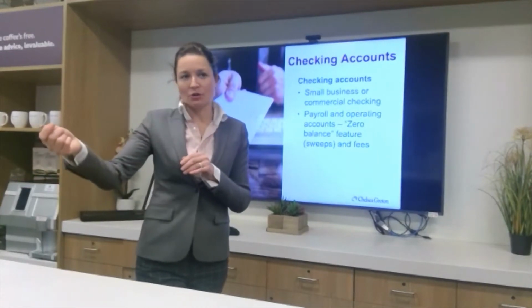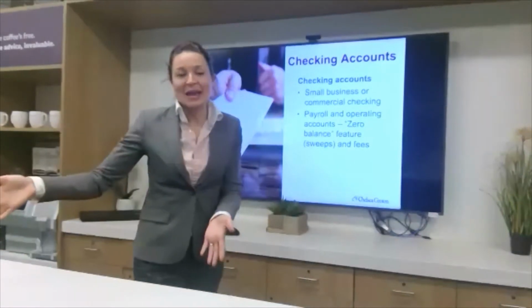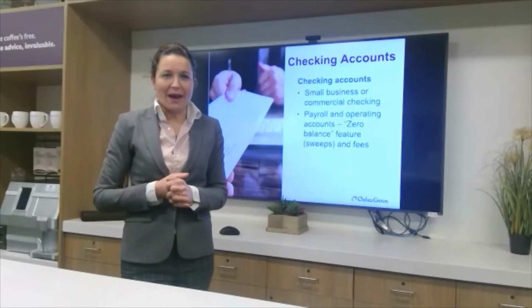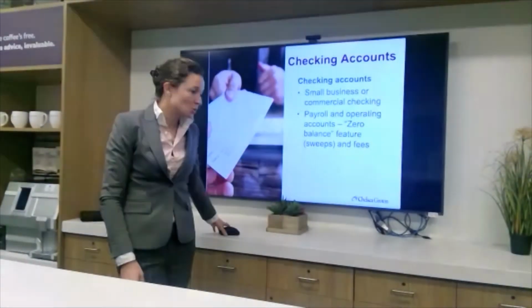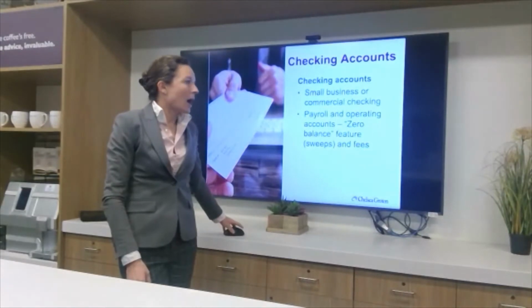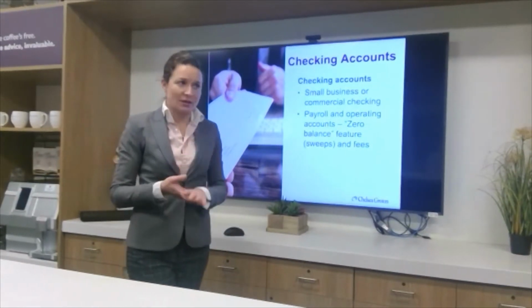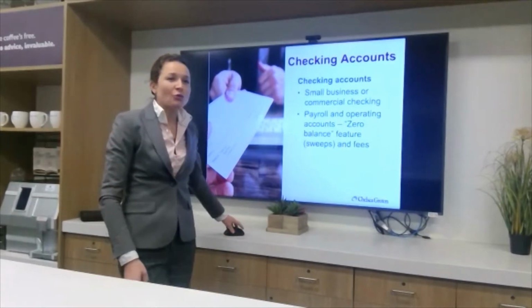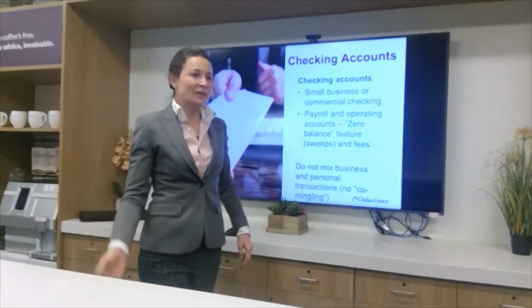You're giving them an account to pay into that has no money at the end of the day, and you're protected through that. So there are a lot of different things you can do through zero balance accounts and all of these sweeps that can optimize not only your liquidity and the interest you earn, but can also offer certain protections. These are things that, as you grow, you want to keep in mind.